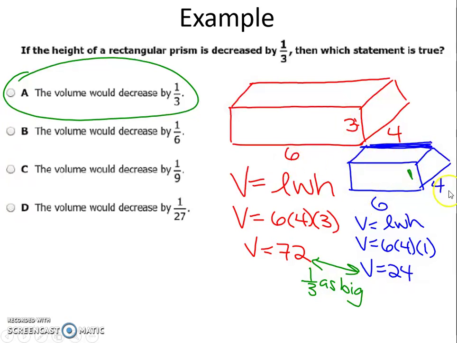The 6 and 4 stay the same; you make up these numbers. Everything stays the same except the height. Then 6 times 3 times 4 is 72, and 6 times 1 times 4 is 24. That is 1/3, since 72 divided by 3 is 24. So it's 1/3 as big, decreased from here to here by 1/3.